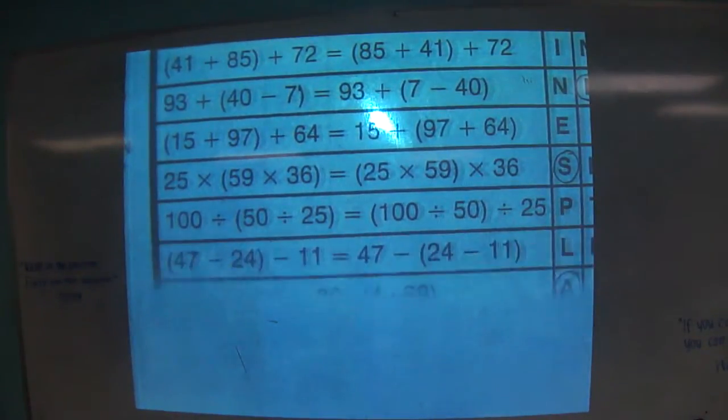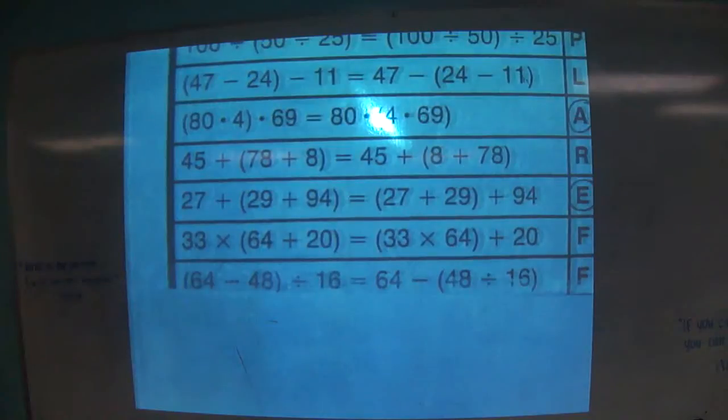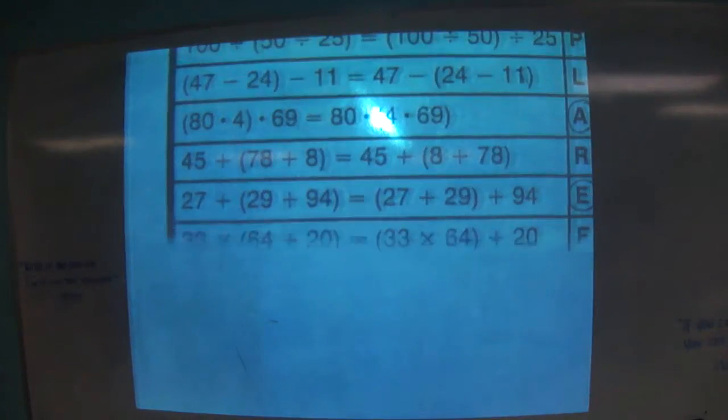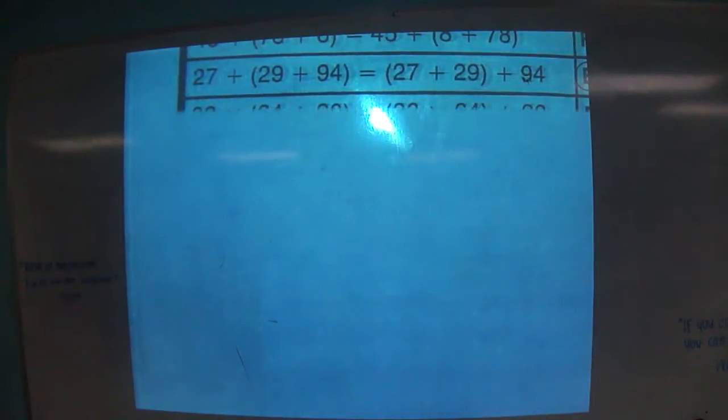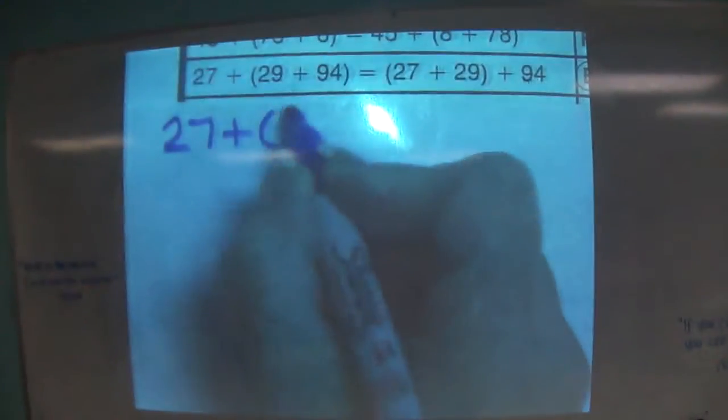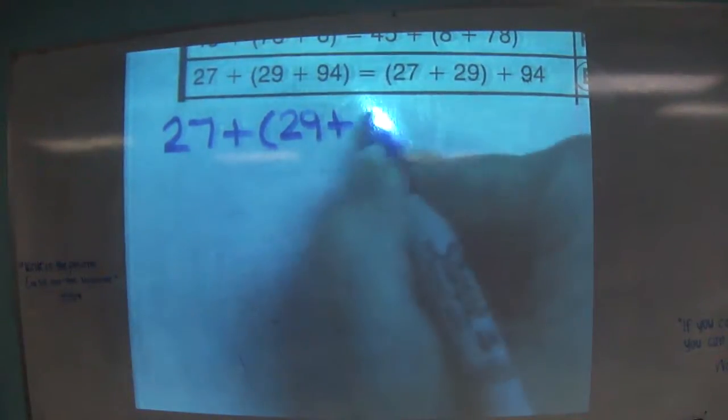But let's look over here. Let's go down here where there's something different. Down here we have 27 plus parenthesis 29 plus 94.